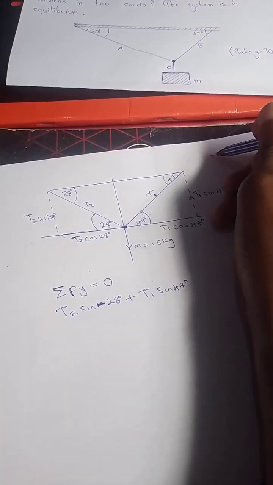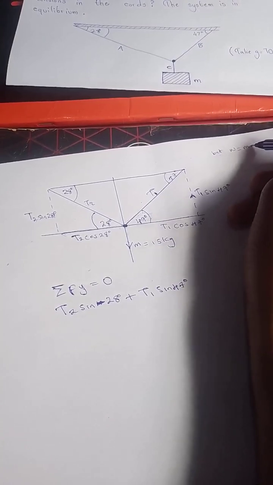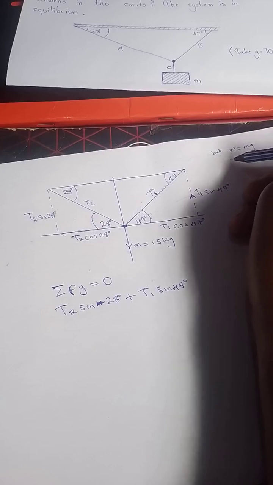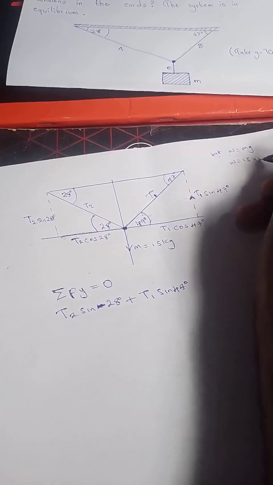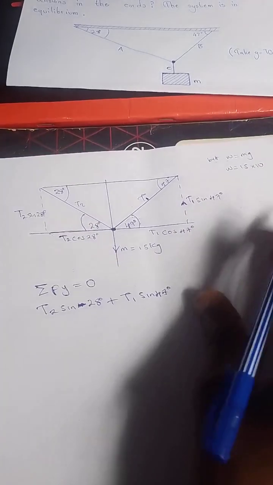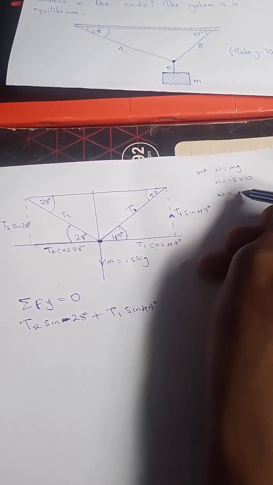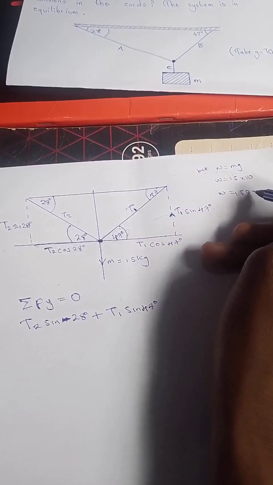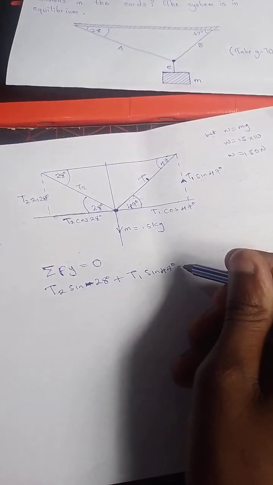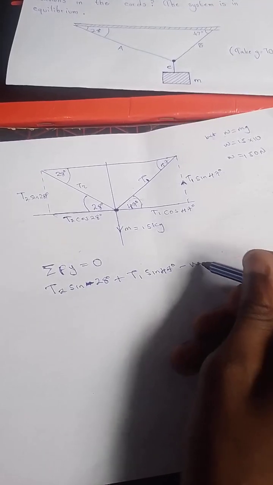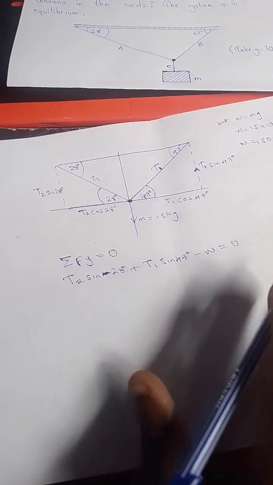We know that the weight is equal to mg, of which our mass is 15. We are told to take gravity as 10, so we multiply by 10. Then our weight is 150 newtons. So minus the weight should be equal to 0. The sum of the upward and the downward should be equal to 0.